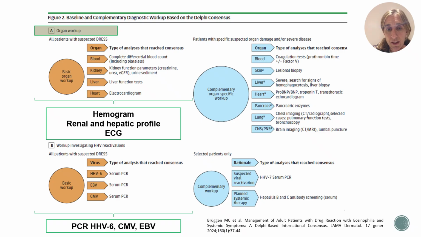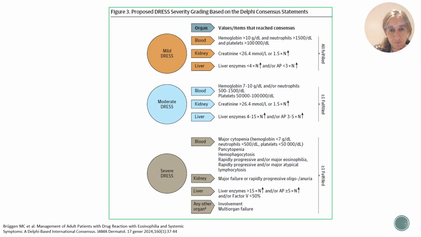And also then we have patients with a specific suspected organ damage or severe disease, and we have other options for selected patients only. Also, for DRESS, there is a proposed severity scoring or grading based on the Delphi consensus.